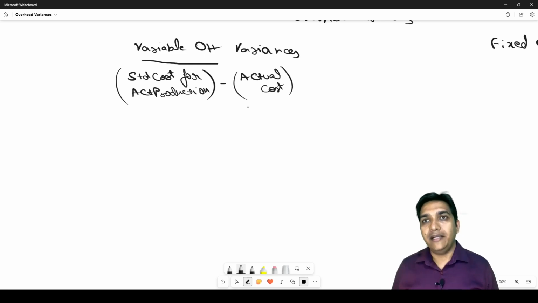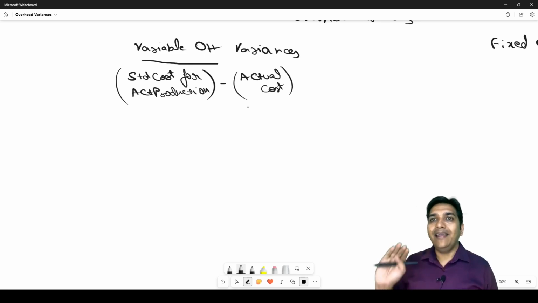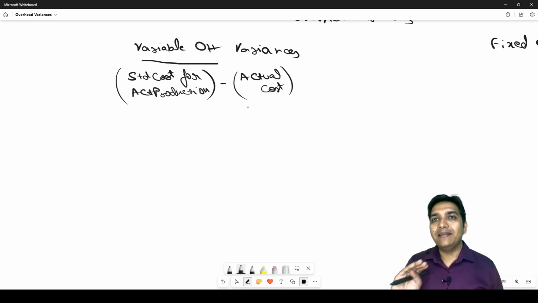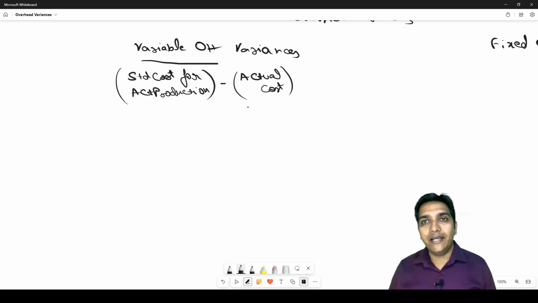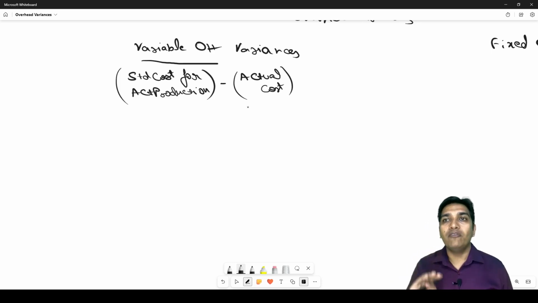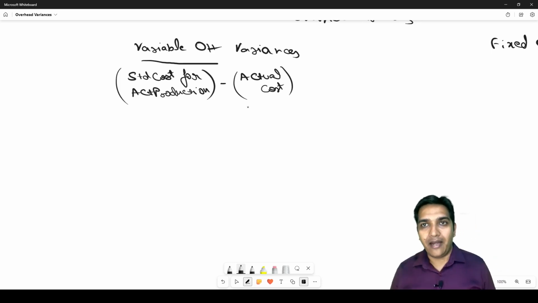Why we call it standard cost for actual production is that in variable overhead or any overhead problem, the problem will give us the budgeted quantity. Based on the budget, my overhead cost is estimated or planned. However, we cannot take the budgeted quantity to be my actual output.